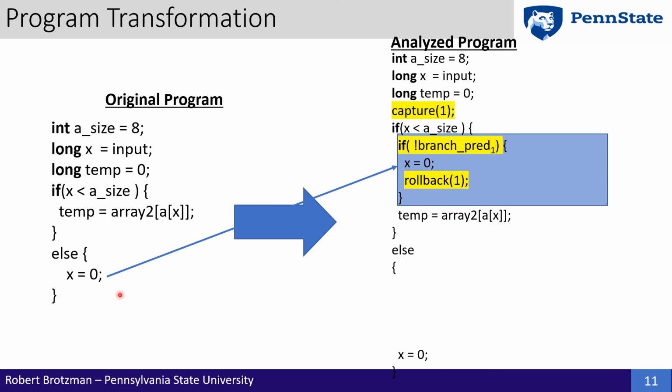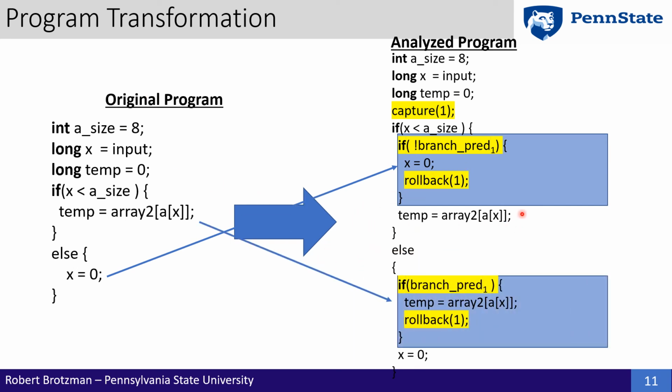We'll execute the code in the else branch, and then we will roll back the state. And here we're only rolling back the architectural state and maintaining any side effects that occurred to the cache state. And see here, we then would execute as normal the remainder of this block.